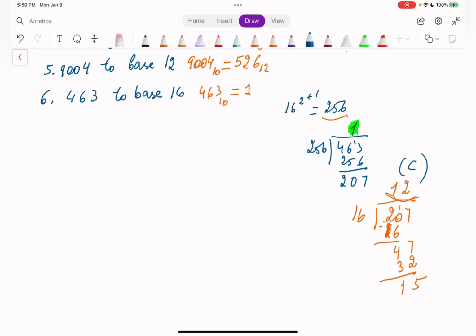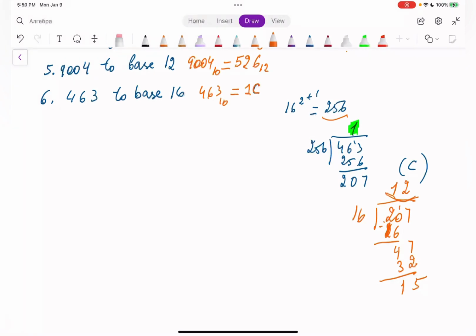So 12 is C. 10 is A. 11 is B. 12 is C. So the numbers that have two digits, which is here we have 12, it's going to be C. Which means I'm writing down here, it's going to be 1, C.